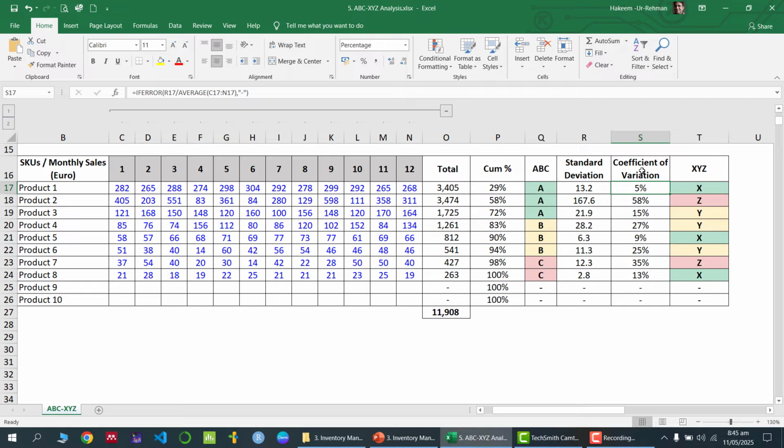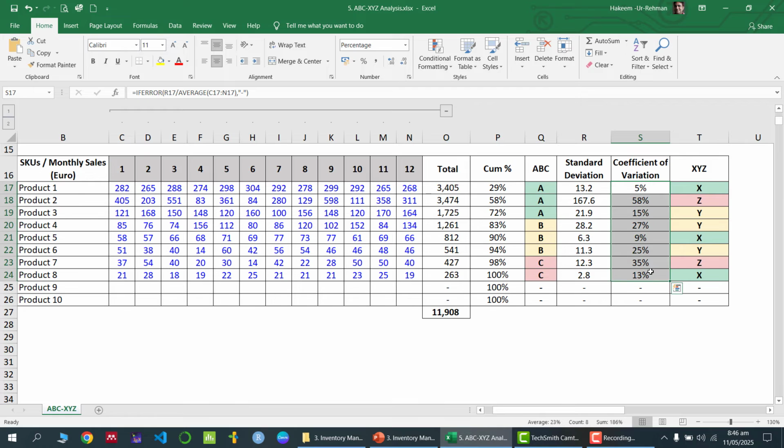Next we calculate the coefficient of variation, which is the standard deviation divided by the average of these products. This is the standard deviation value of the first product divided by the average, and then you multiply with 100 because I am taking it as a percentage.